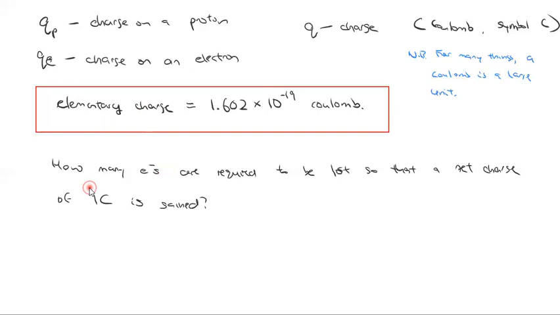Is it 1 divided by 1.602? It makes sense, right? This is the charge of 1 electron. So if you're not clear on what an elementary charge is, this is the charge on an electron or proton. One's positive, one's negative, but that's the charge on a proton or an electron.